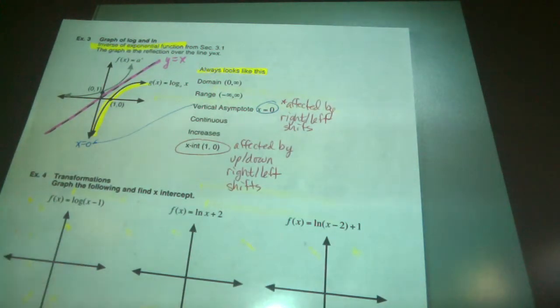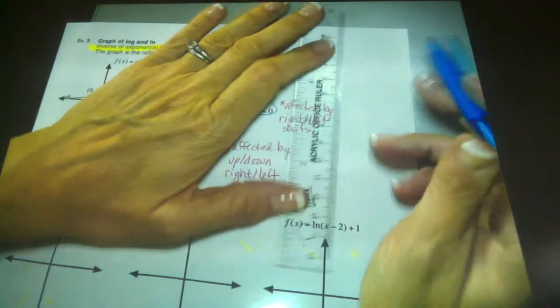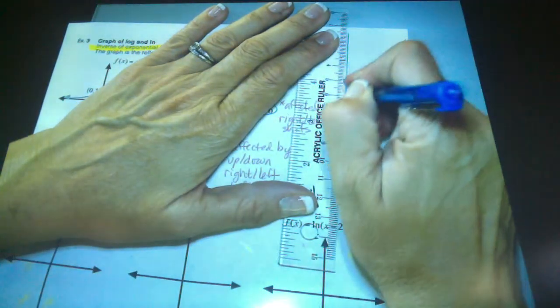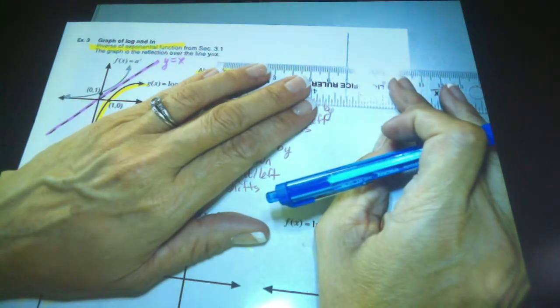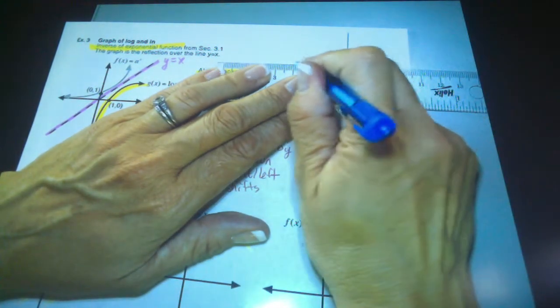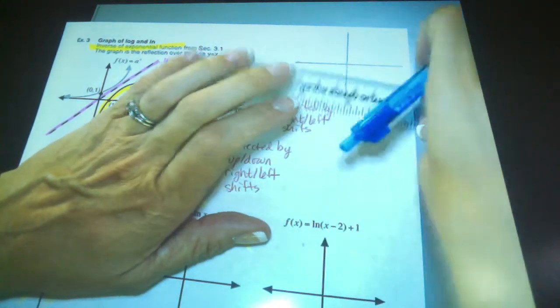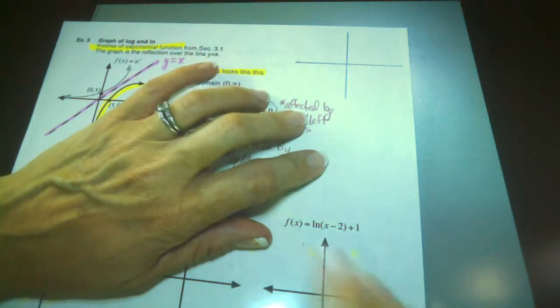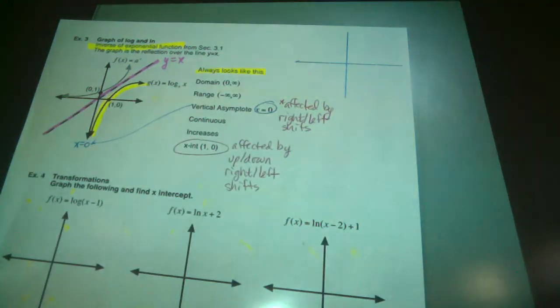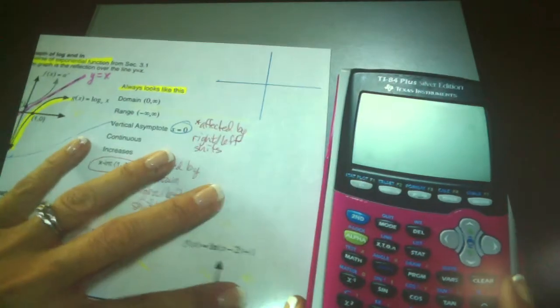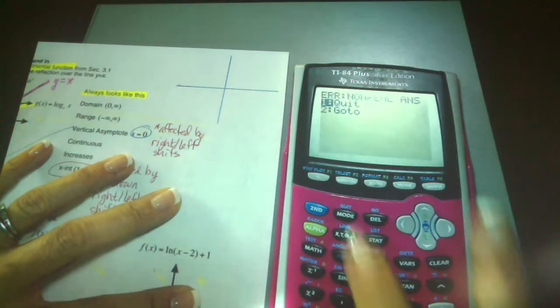So I'm going to put over here a little graph. I don't know if I mentioned it yesterday, but logs are used to measure sound waves. That's where they were originally created for. So let's look at their graphs.